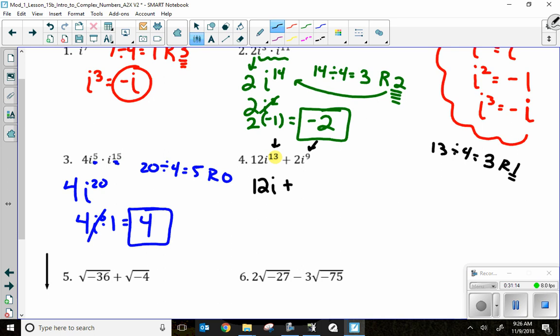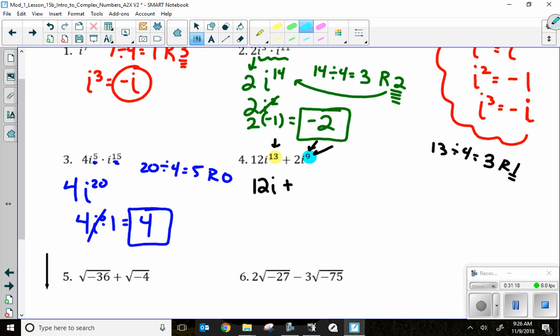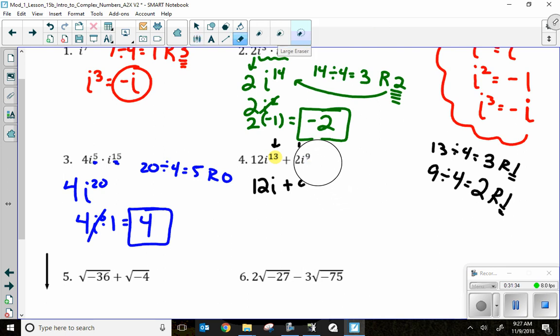Plus, now I'm going to take my 9. So I have 9 divided by 4. It goes in twice with a remainder of 1. So now I've got 2. Wow, that was weird. Look at that.